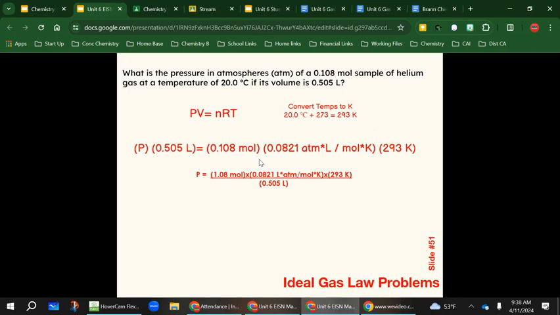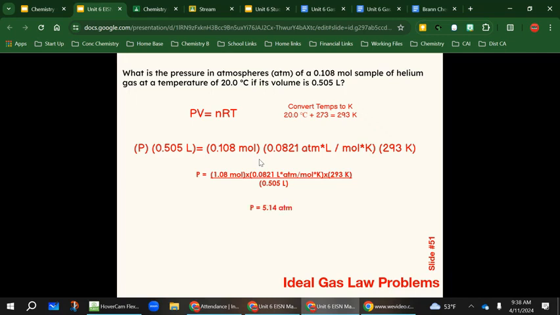Cancel. If you're looking at it strange, please remember this is a division sign, so mole and Kelvin would be under liters in the R value units. So this Kelvin is on the top, this one is on the bottom of these units, they cancel. This mole is on the top, it cancels with the one on the bottom of this unit. Liters cancel out, and you are left with atmospheres.